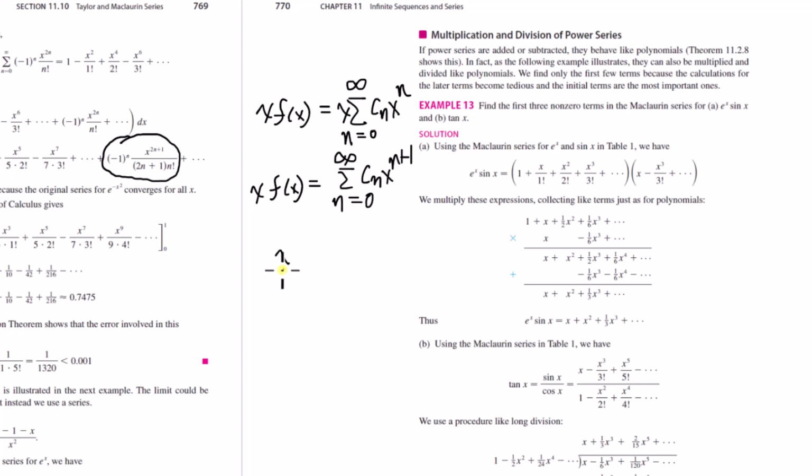We did things like we might have had x to the fourth over 1 minus x. And we did this in the previous section. We got the power series representation for this, the geometric series with first term 1, and then we brought in the x to the fourth after that.